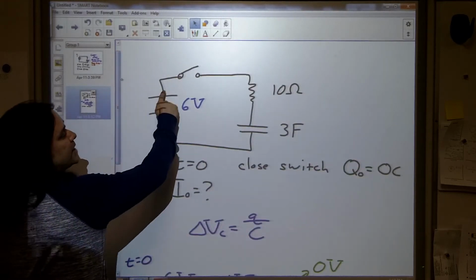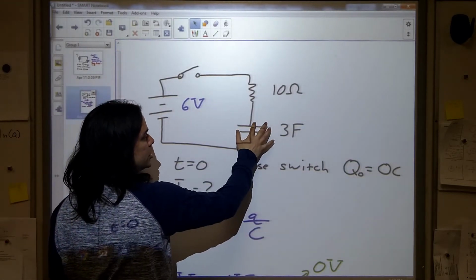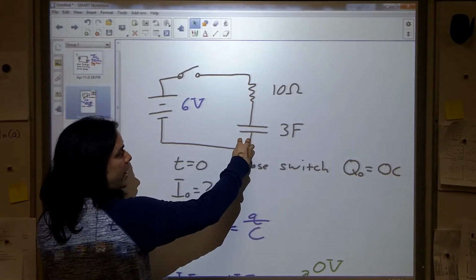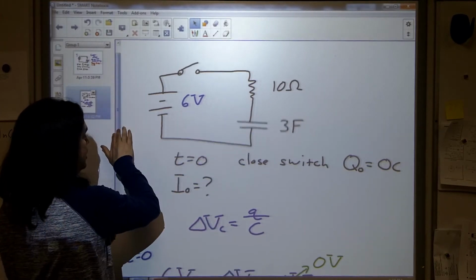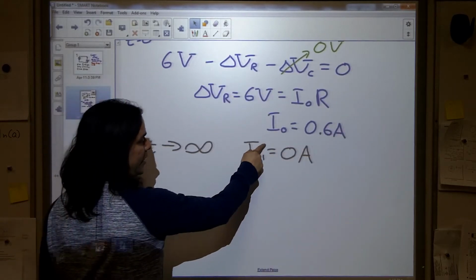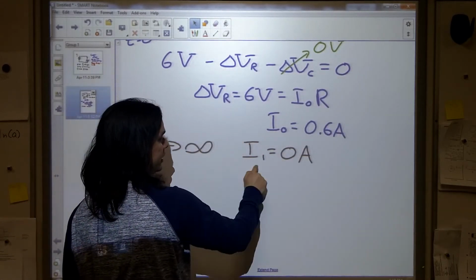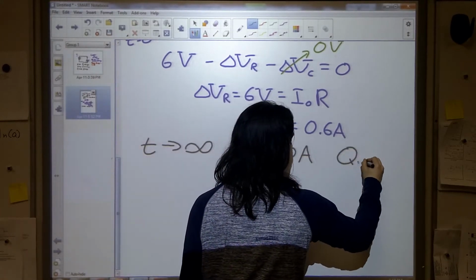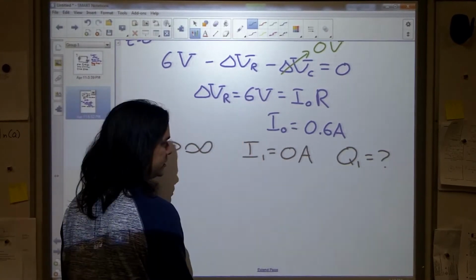Why? Well, as the capacitor gets fully charged, it will actually cut off the current and eventually drag all the current to a stop. So my current in the circuit at the end, at t equals infinity, is going to be 0 amp. What I'd like to know is, what's the final charge on the capacitor?